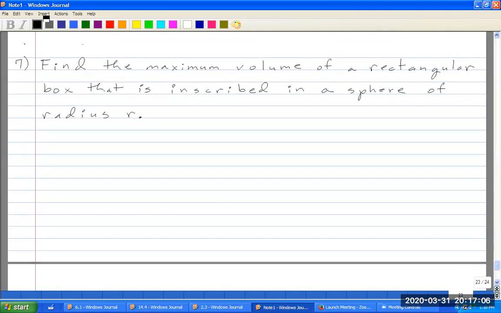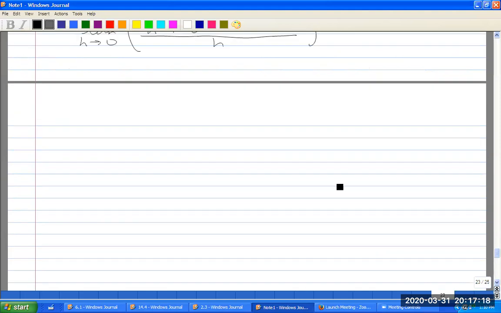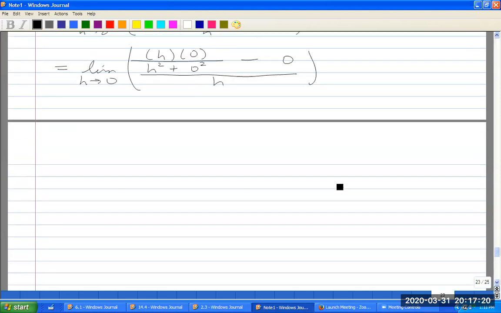So each of these quantities in the numerator, so this will be 0 divided by h squared, which is 0. 0 minus 0 is 0.